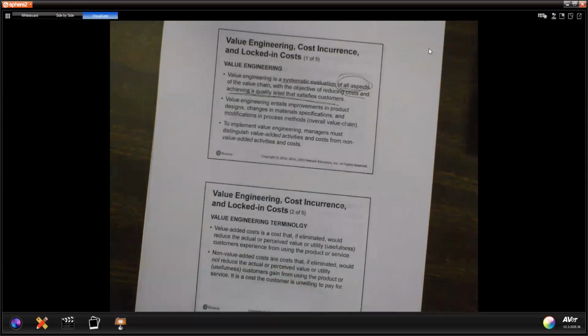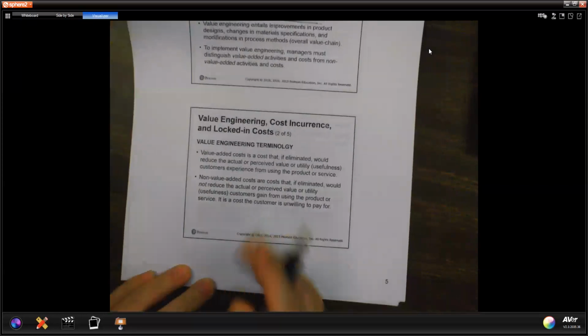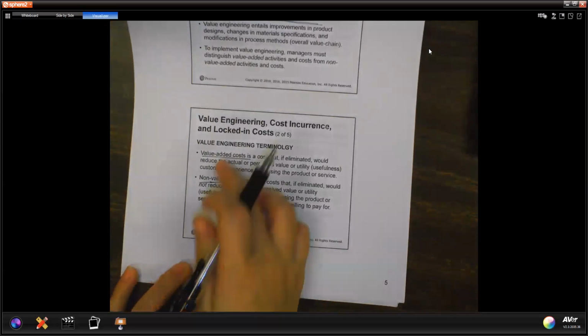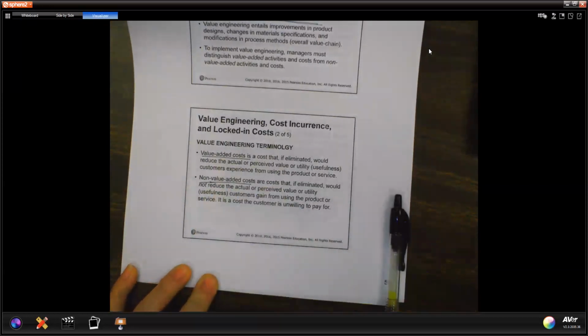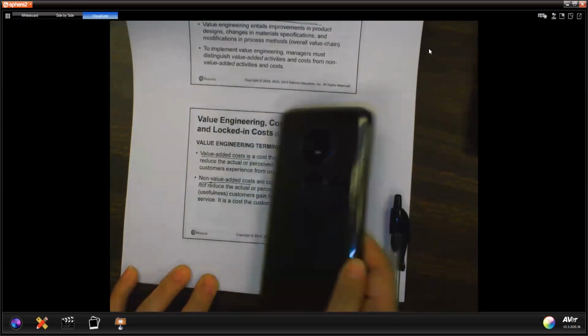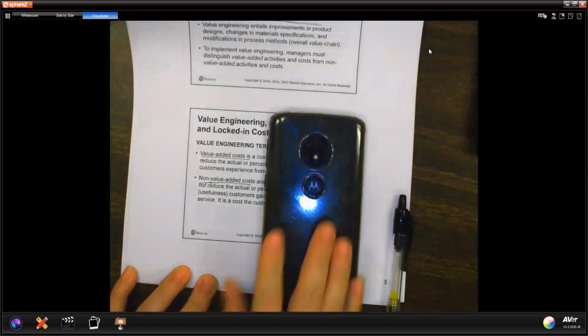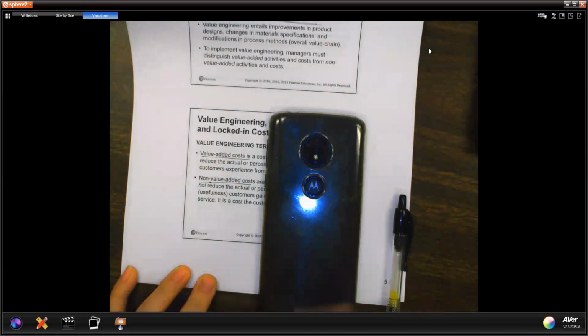Some terminology: we have to separate value-added costs and non-value-added costs. From the name, value-added costs are the costs that add value to a product. Say you want to have a phone, and the phone cost is 800, so I want to decrease it to 700.